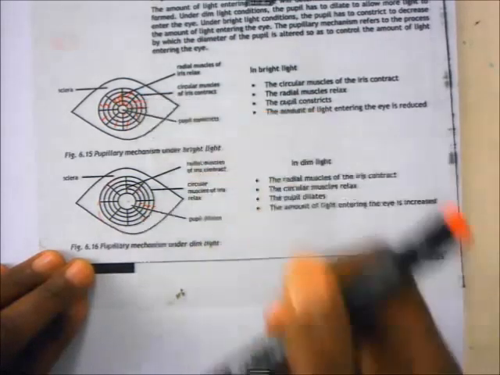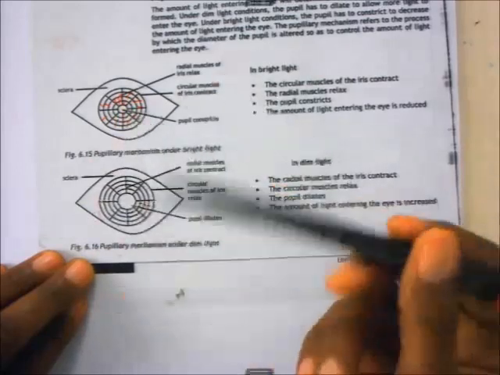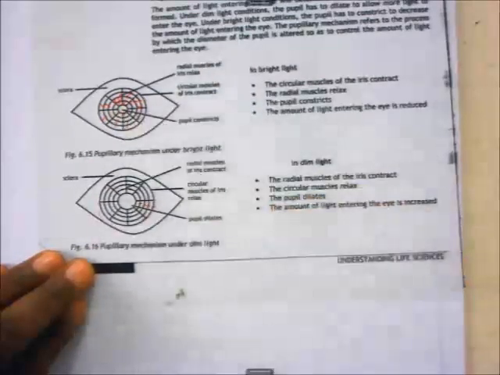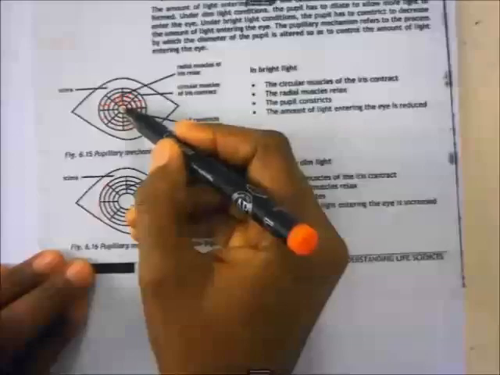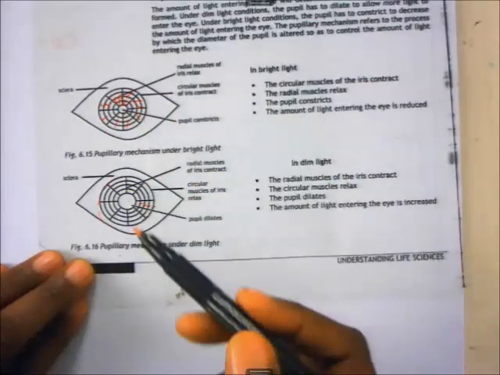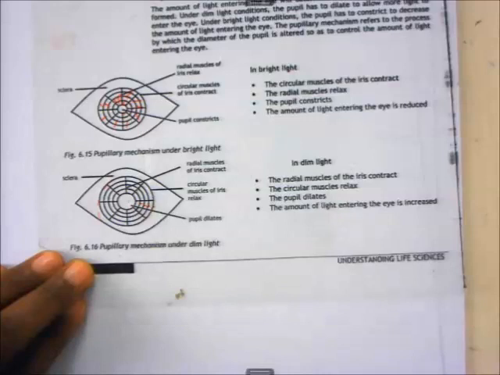So now, this is a very important exam question. In the exam, you might be given two eyes, whereby in one eye the pupil is constricted, and in the other eye the pupil is dilated.